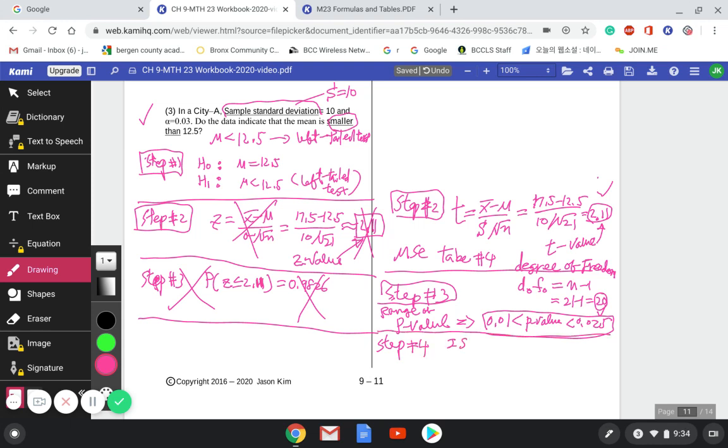Is the range of the p-value bigger than alpha or not? Let's see, is the range 0.01 to 0.025 bigger than 0.03? If you look at the number line, here is 0.01, here is 0.02, here is 0.03. So 0.03 is here, and that's the level of significance. The range of the p-value of the entire thing is somewhere between here.